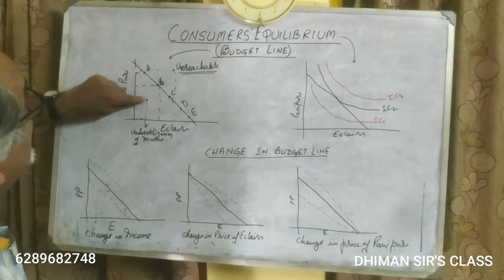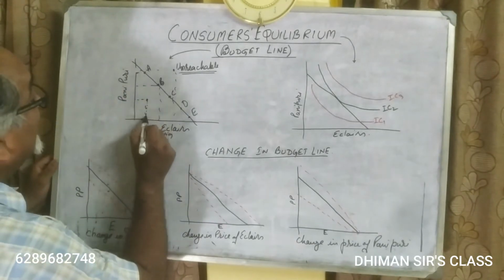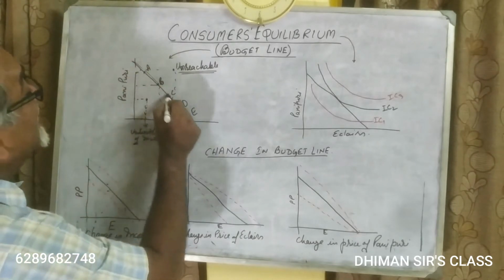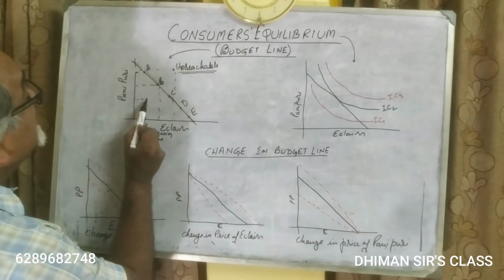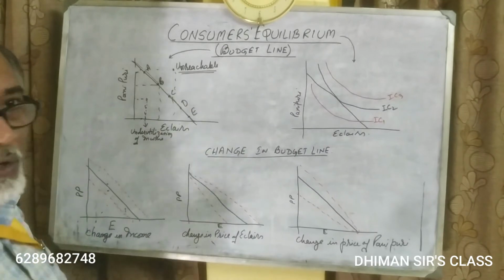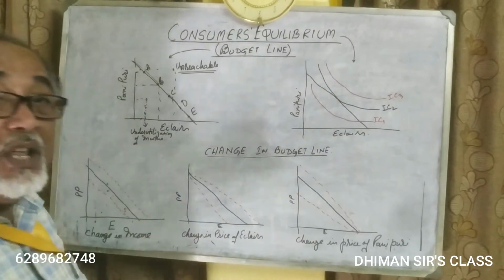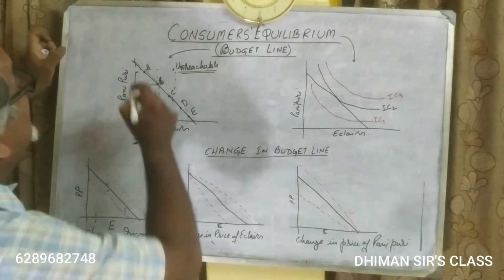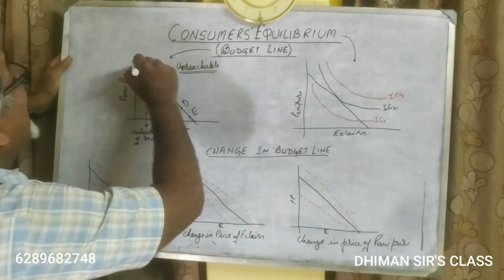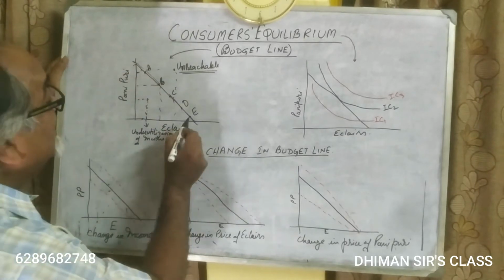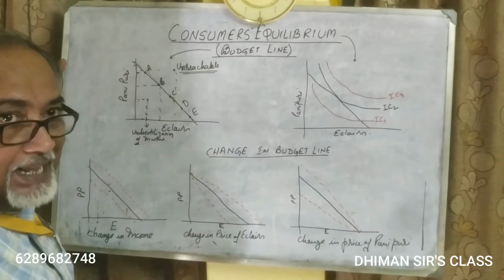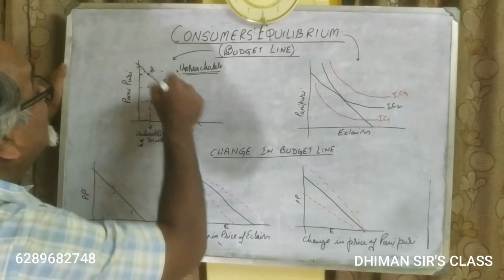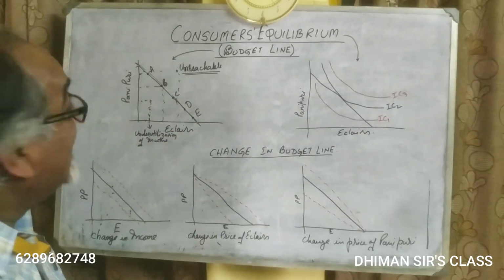Similarly, if I stay at this point, where my maximum limit is further out, I am underutilizing my budget. Maximum pani puri I can buy is up till here, and maximum eclairs I can buy is up till here. If these two extreme points are joined, along with these combinations, this curve is called the budget line.